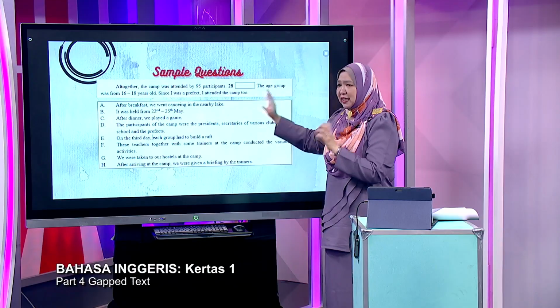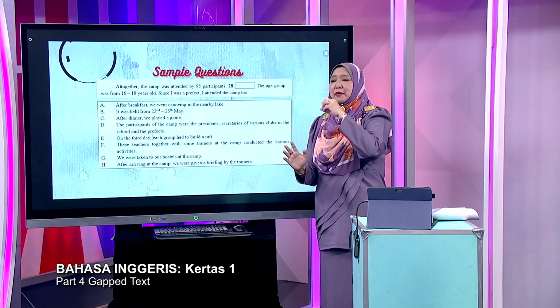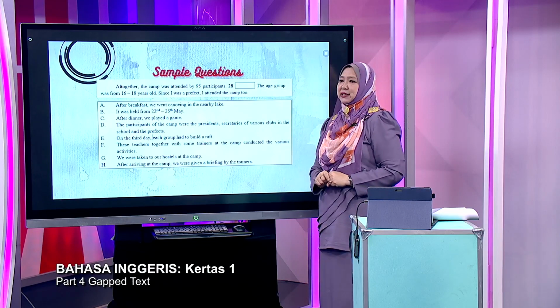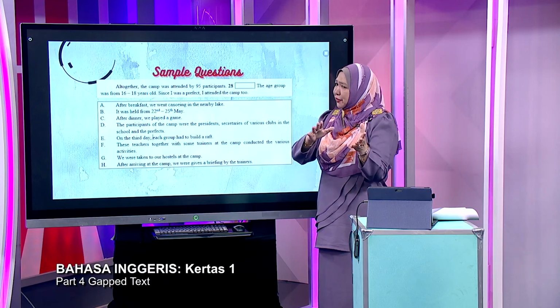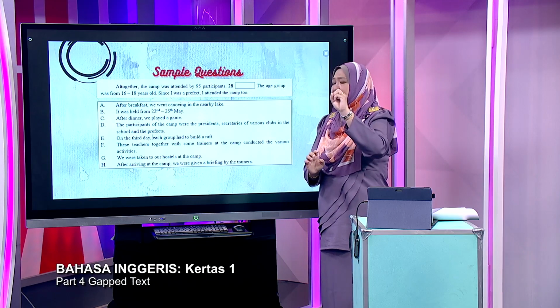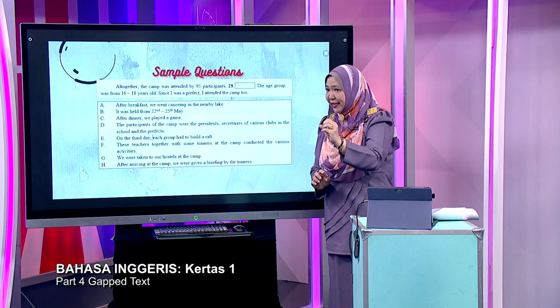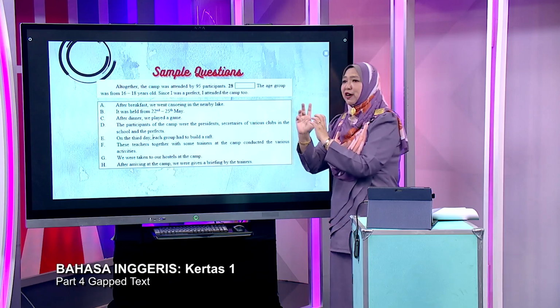Usually in the sentences before and after, there are clues given. Like the one before just now, we have the place, meaning that they are going to have the camp at Slim River. When we are writing a report, usually after you talk about the place, it is the when, from 22nd to 25th of May.